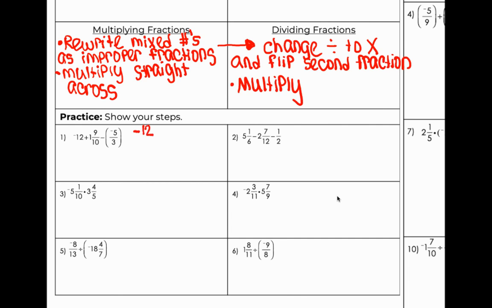So just real quickly, I'm going to work out 12 times 19. So that'd be 318. Okay, so negative 318 over 19.